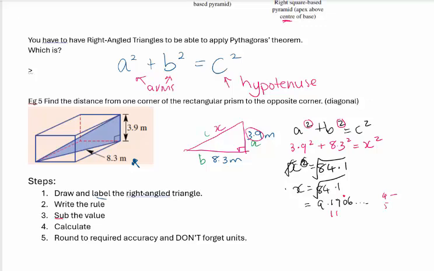If it's 5 and above, I add 1 to the previous digit. So this is 0, so I'm ignoring that, and it becomes about 9.17. Please make sure you do that. It's a really good habit. And what's the units? Meters. So I've got here, don't forget the units. I hope this will set you up for success.